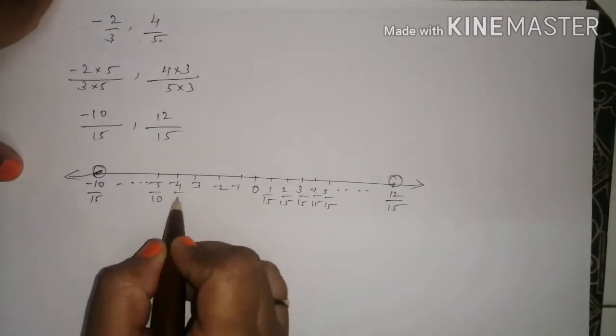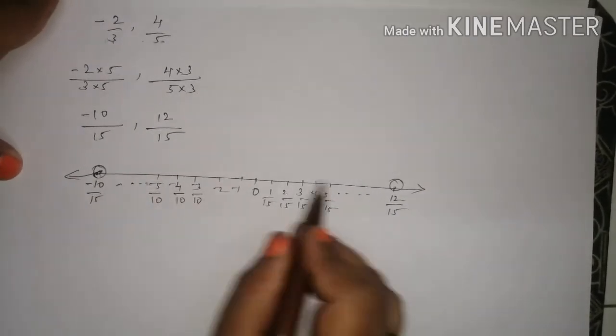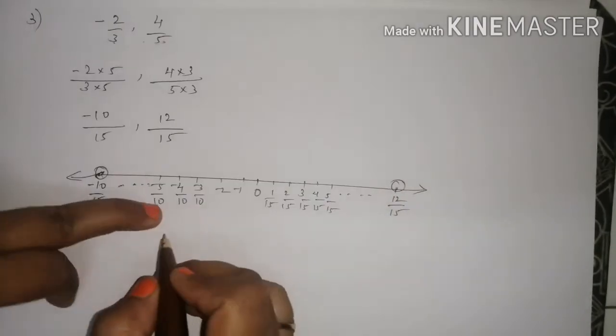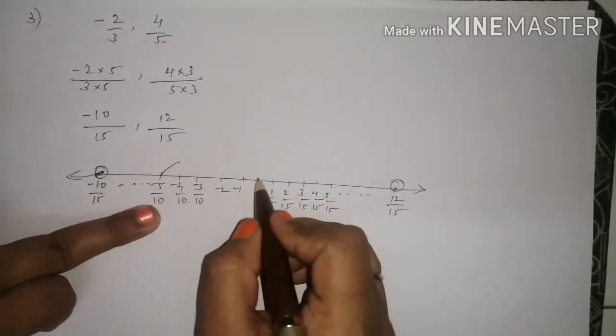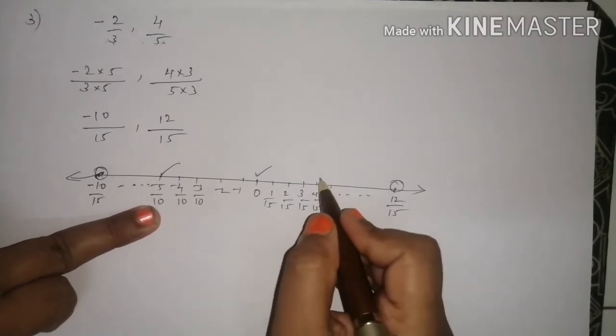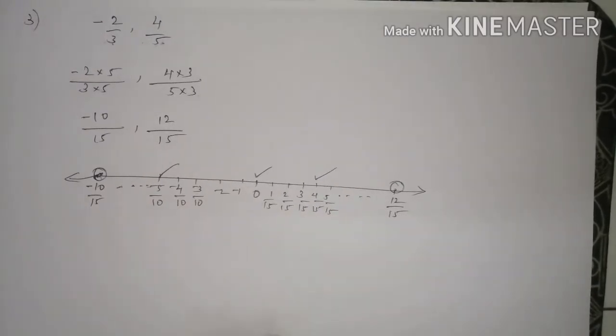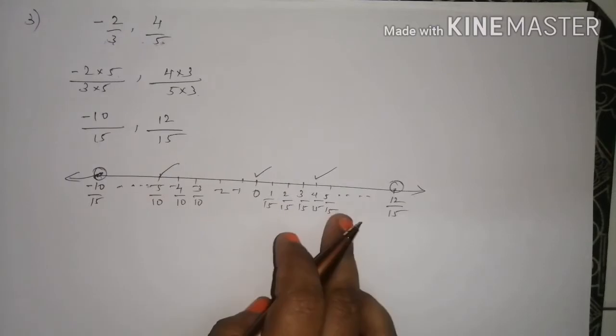So I will take any three rational numbers that lie between these two numbers. I will take minus 5 upon 15, one I am taking 0, and one positive number I am taking, 4 upon 15. You can take any three rational numbers lying between these two numbers.